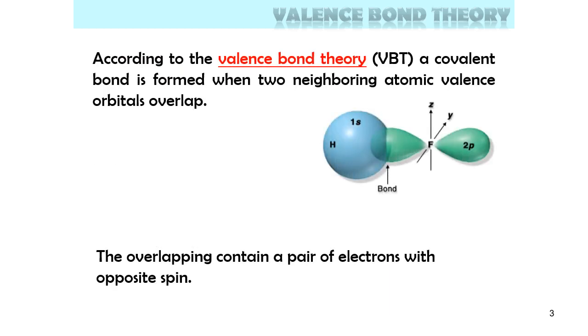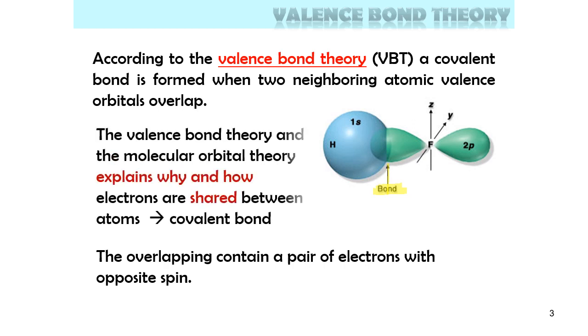According to the valence bond theory, a covalent bond is formed when two neighboring atomic valence orbitals overlap with each other. Therefore, they will form a covalent bond, meaning they are sharing the electron. The valence bond theory and molecular orbital theory explain why and how the electrons are shared between atoms, and you will form covalent bond from this sharing.